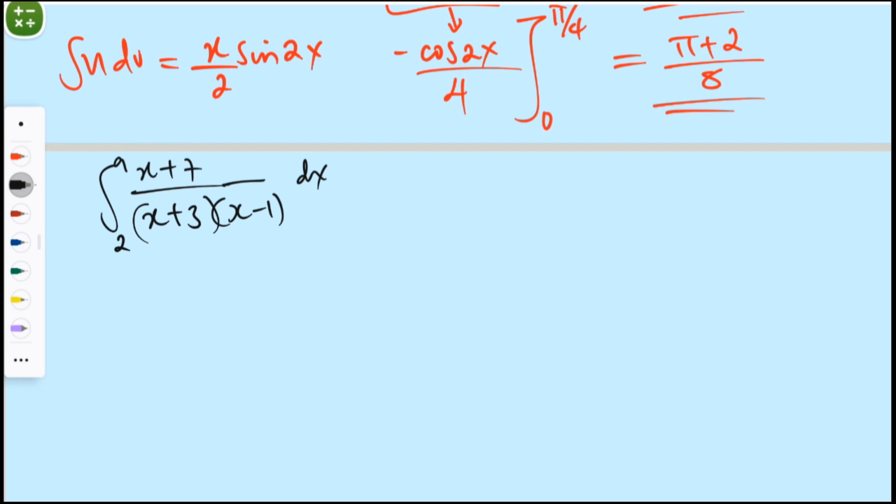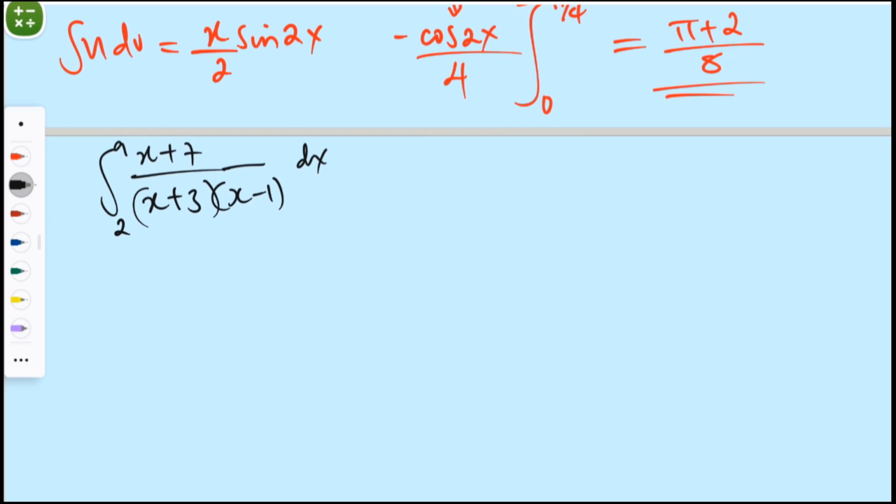So we need to use partial fractions to simplify this first before we can even go ahead to integrate. So when we have two different roots, these are roots of a quadratic, the partial fraction is a over x plus 3 plus b over x minus 1. So they're not repeated roots, right? So it has to be separate.